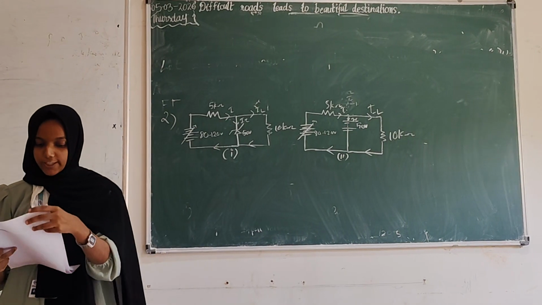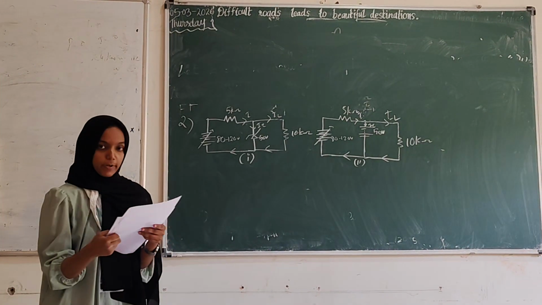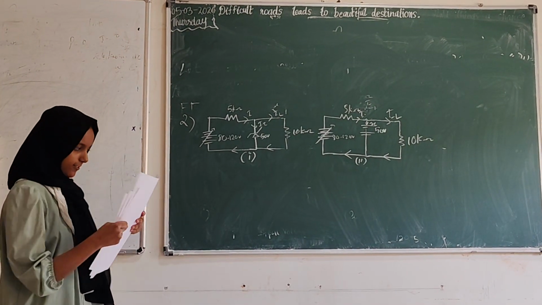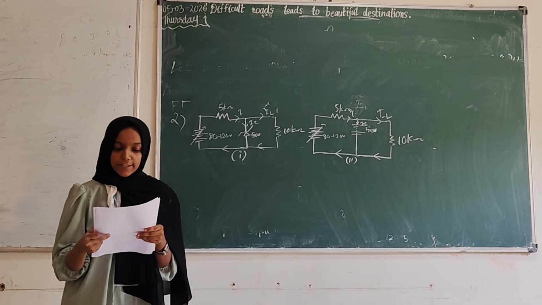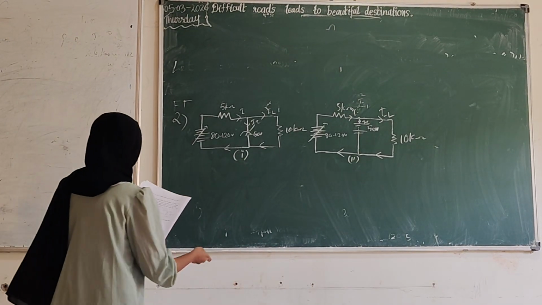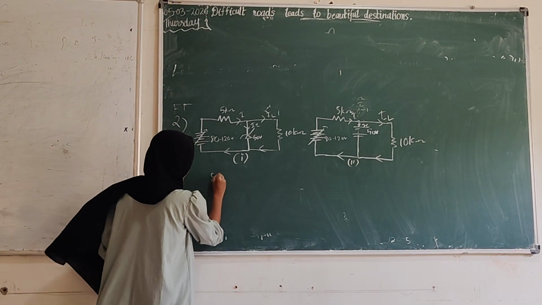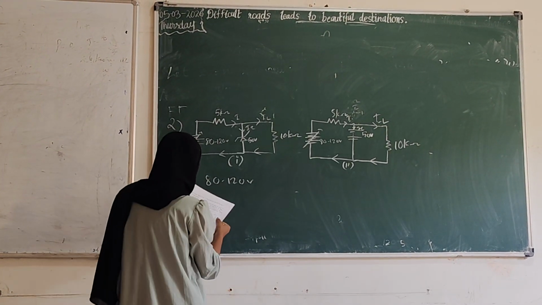Second question: for the circuit shown in figure 1, find the maximum and minimum values of zener diode current. Here the first step is to determine the state of the zener diode. It is given that the input is 80 to 120 volts.